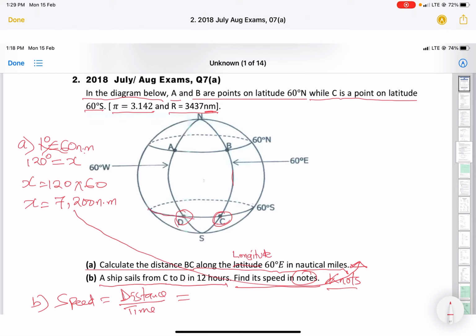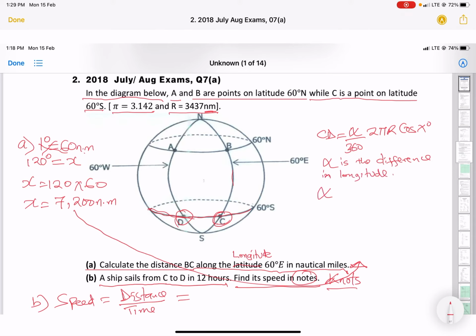So the formula will be CD is equal to alpha over 360, then 2 pi r cos x, where alpha, since it's the distance along the latitude, is the difference in longitude.